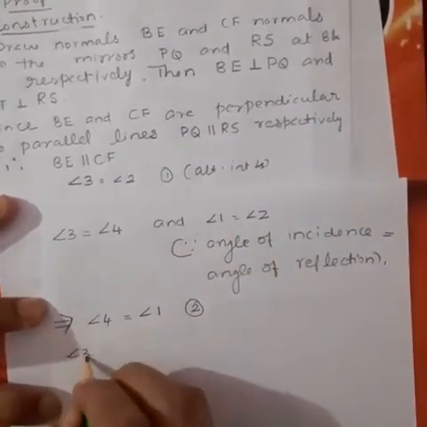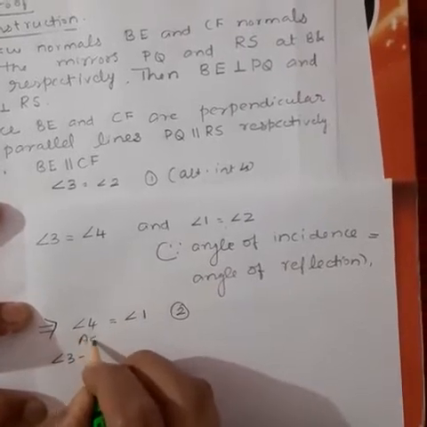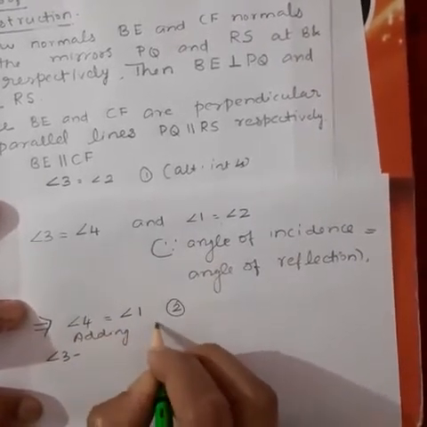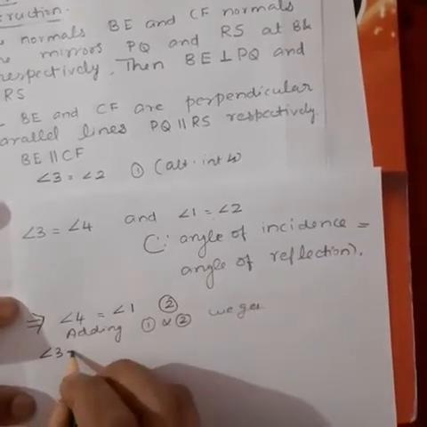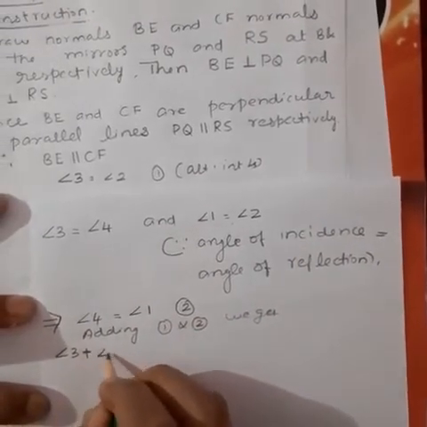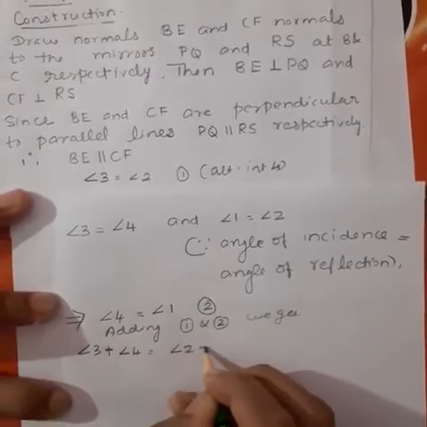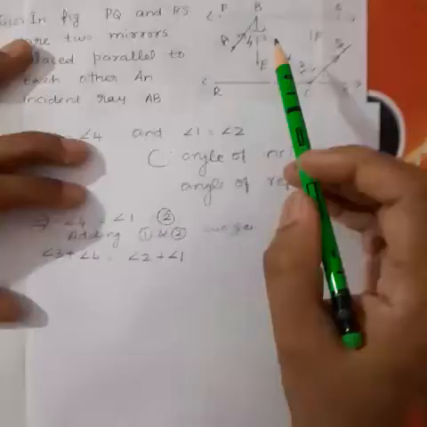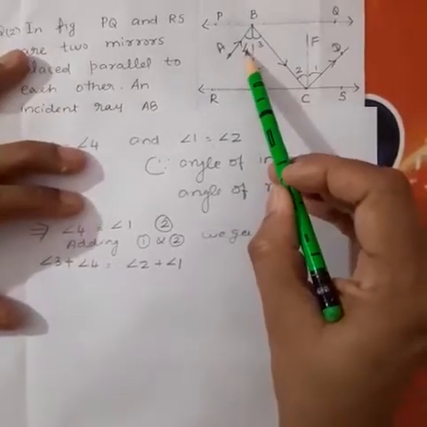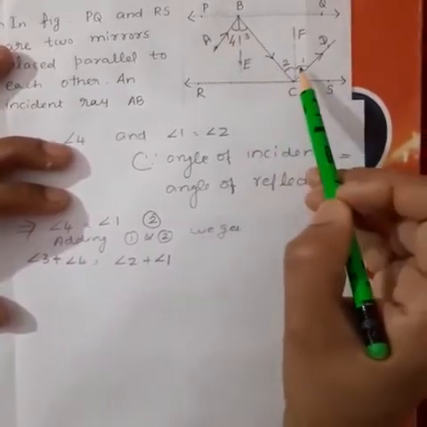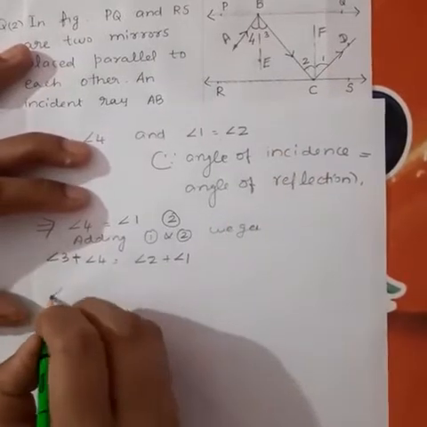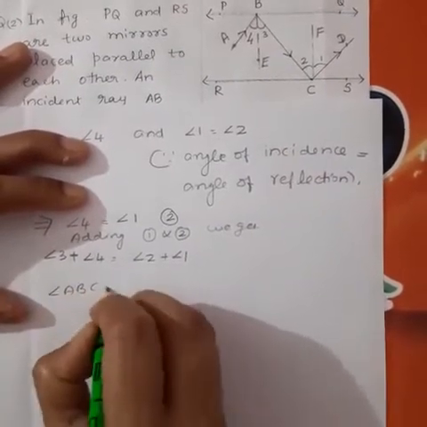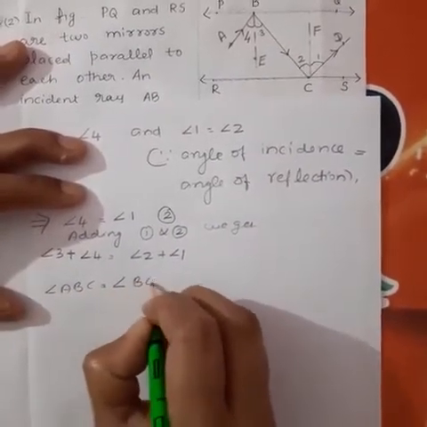By adding equations 1 and 2, we get angle 3 plus angle 4 is equal to angle 2 plus angle 1. Now angle 3 plus angle 4 is equal to angle ABC, and angle 1 plus angle 2 is equal to angle BCD. So we can write angle ABC is equal to angle BCD.